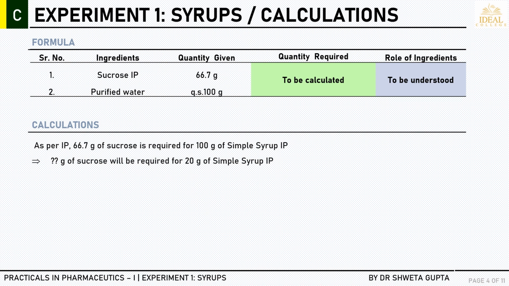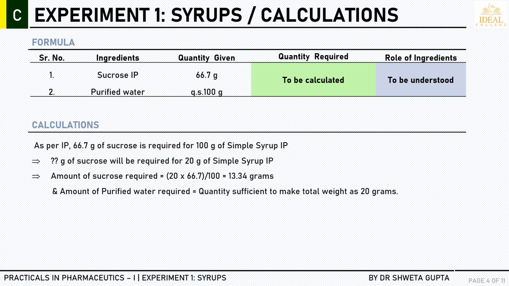This may be calculated by using simple cross multiplication and will get the value as 13.34 grams of sucrose. And the amount of purified water required is equal to quantity sufficient to make total weight as 20 grams.